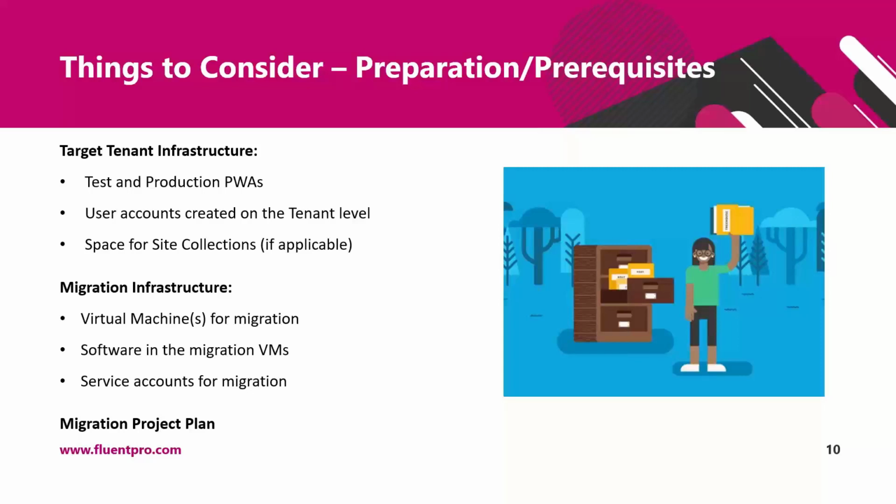Also, the software that is required to be installed on the migration machine is the following. It's FluentPro FluentBooks, which is the migration tool. Also, Microsoft Project Professional, compatible with the source PWA version. For example, if you are migrating from Project Server 2010 to Project Online, we will need two versions of Microsoft Project Professional.